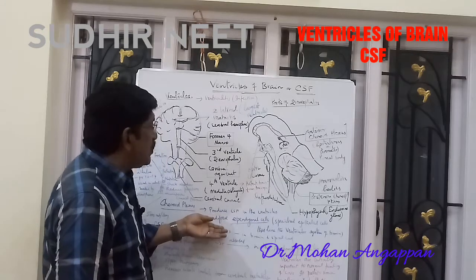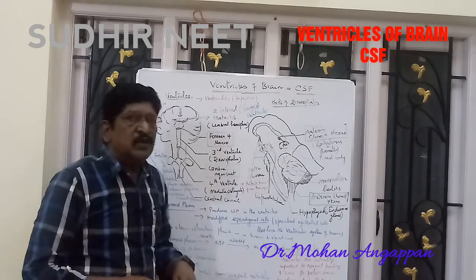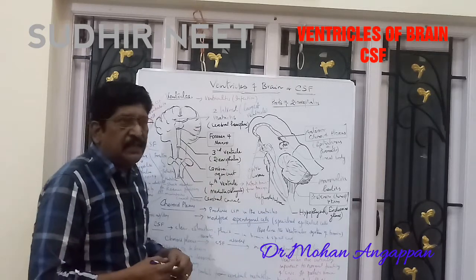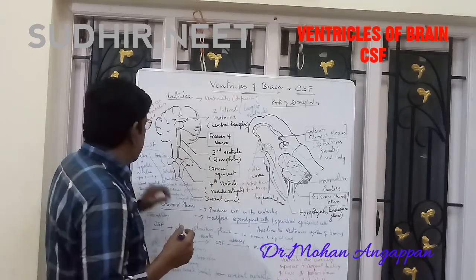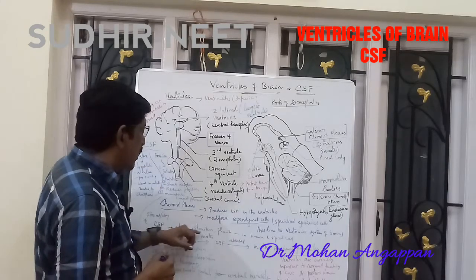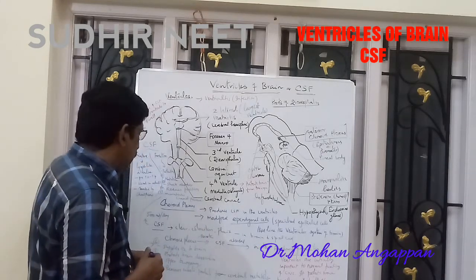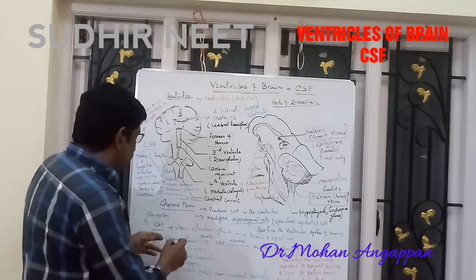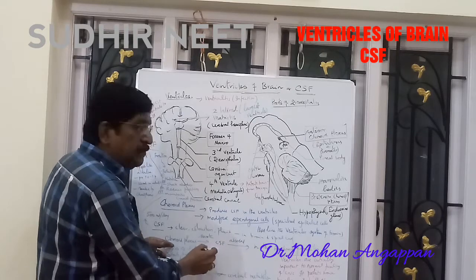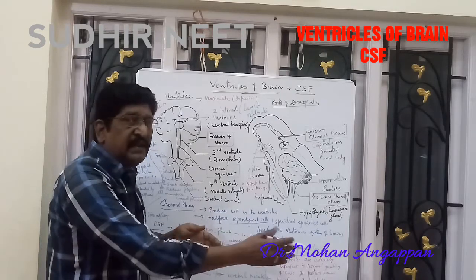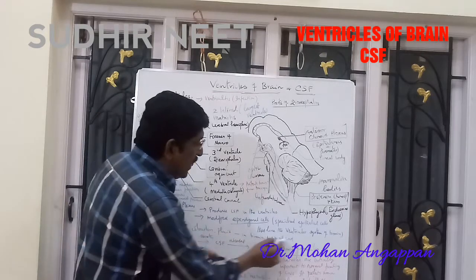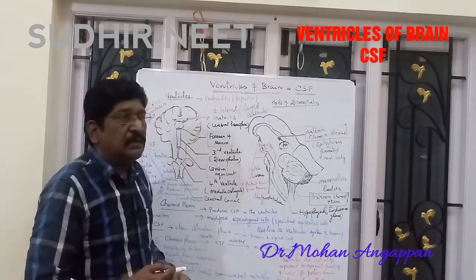Now coming to CSF, cerebrospinal fluid. What is the nature of cerebrospinal fluid? As the name indicates, it's a liquid, colorless, clear fluid. The choroid plexus secretes the cerebrospinal fluid, and finally the CSF is absorbed in the arachnoid granulation.